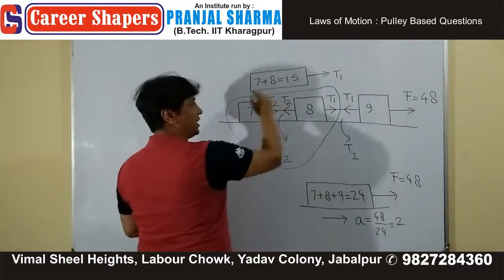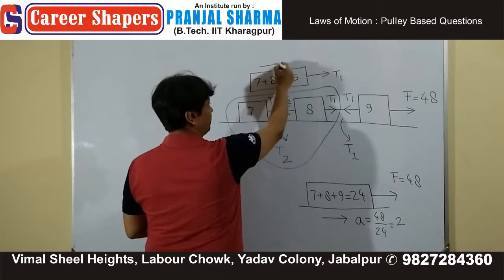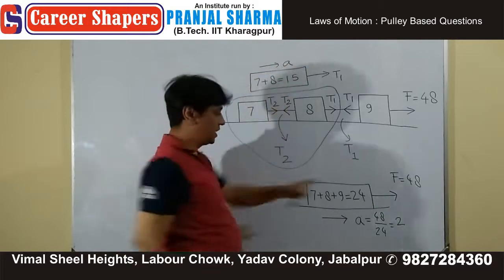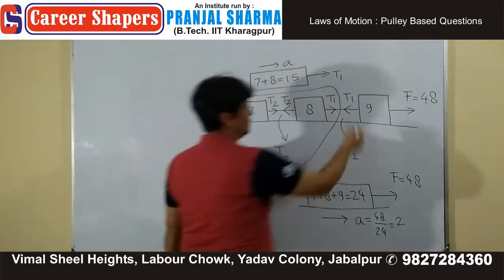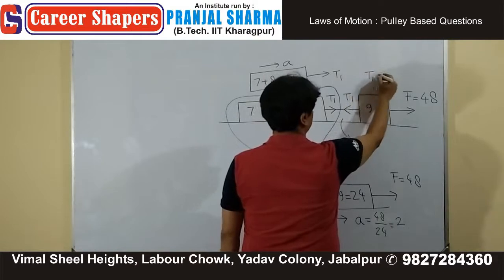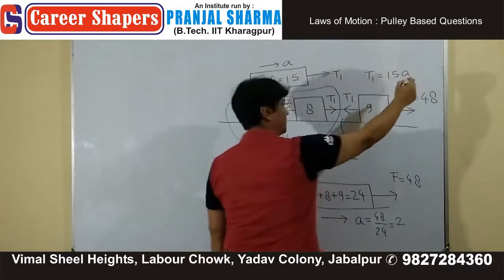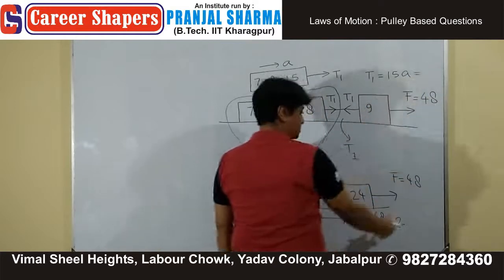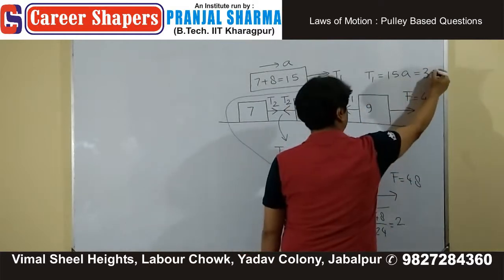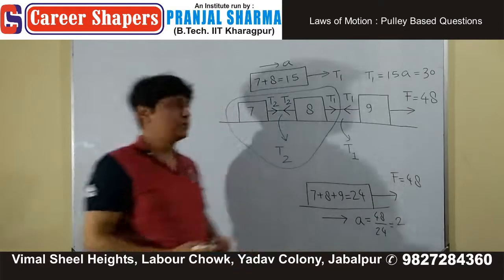T1 is pulling something and is giving it an acceleration of A, which is 2. So what is T1? Mass into acceleration. A is 2, T1 is coming 30.